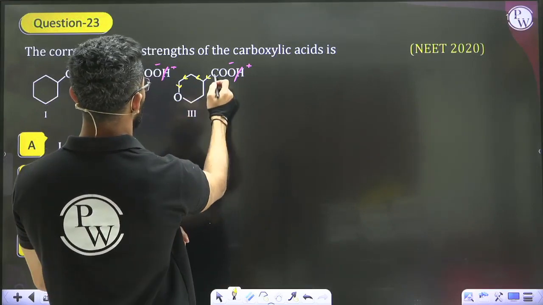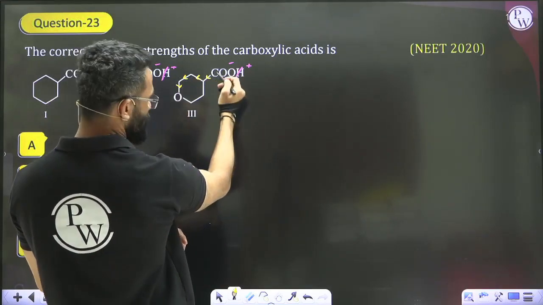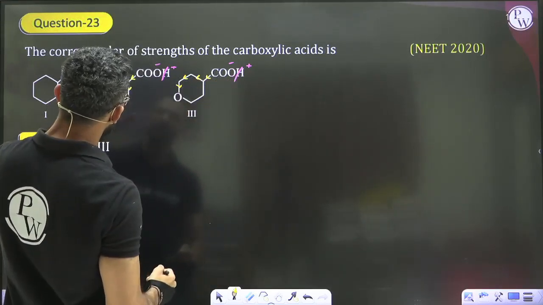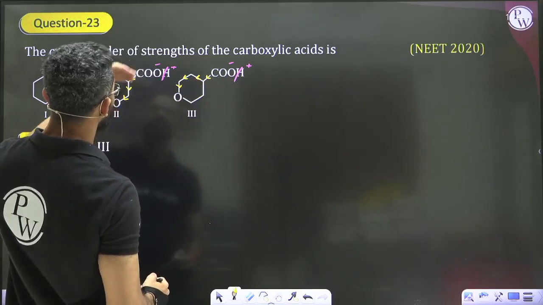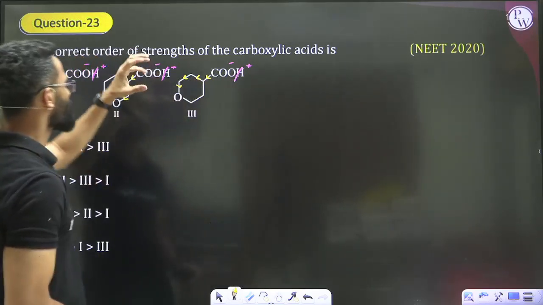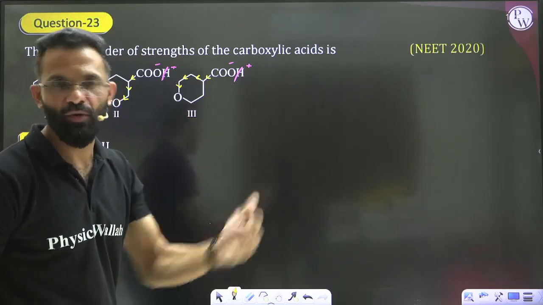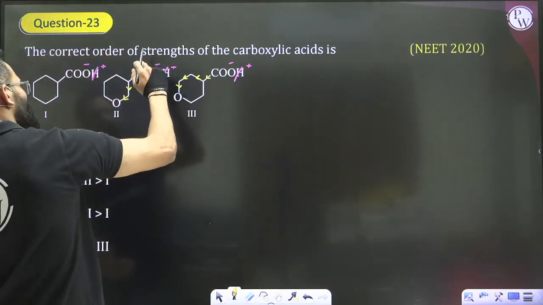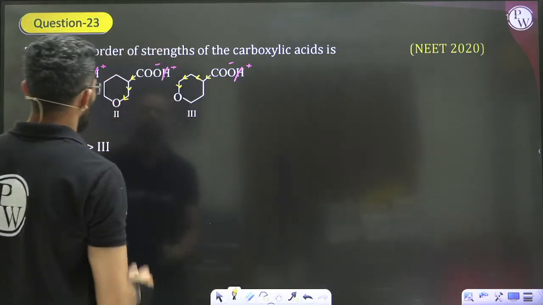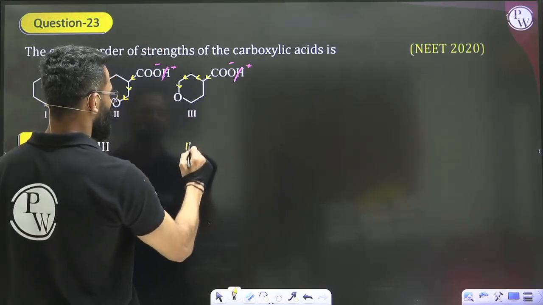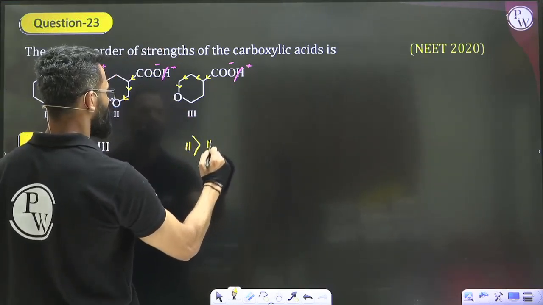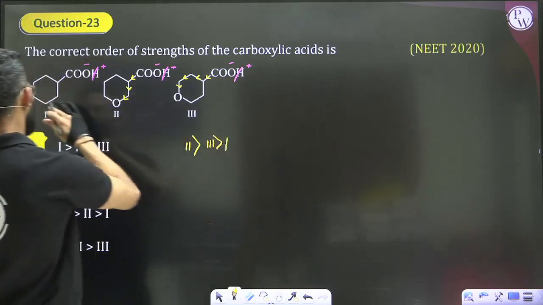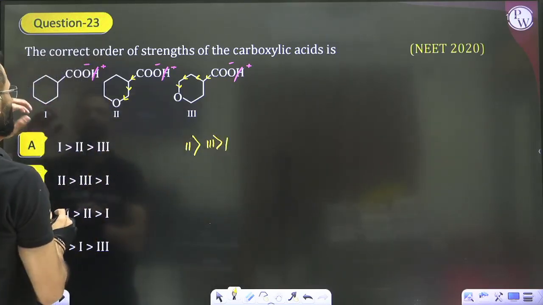Here oxygen is 1, 2, 3, 4, fifth to COO. And nearer the electron withdrawing group, better the dispersal of negative charge, meaning better the withdrawal of negative charge, hence more stabilization of this anion. More the stabilization of anion, stronger the acid, which means 2 is going to be more acidic than 3, and least is going to be 1, because in 1 there is no electron withdrawing group present that can stabilize.